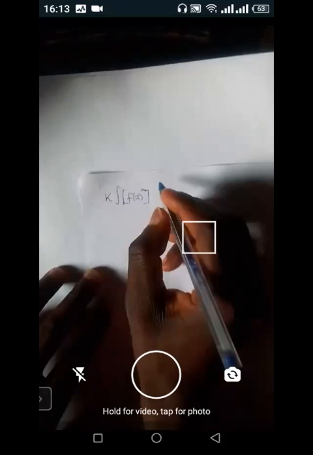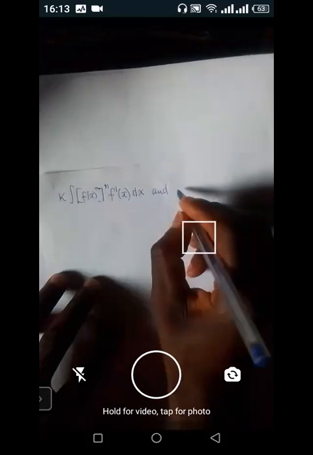So for today, with an algebraic substitution, we seek an integral of the form k times the integral of f of x to the power n times f prime of x dx.